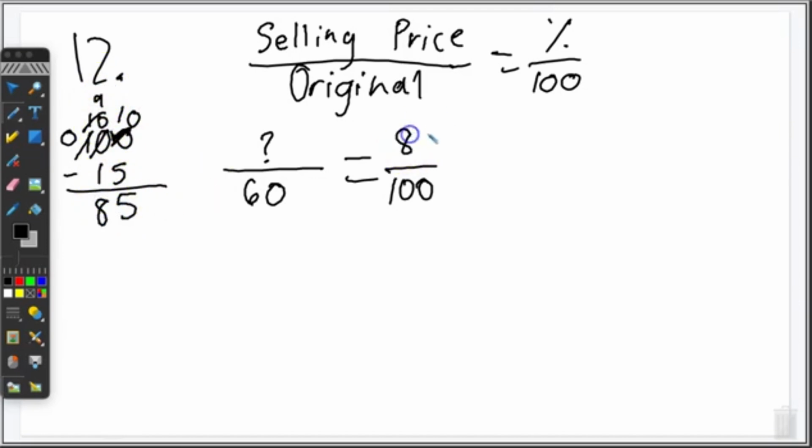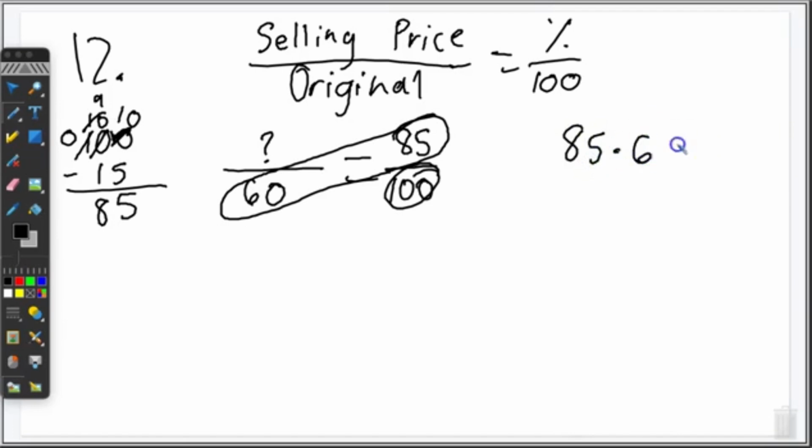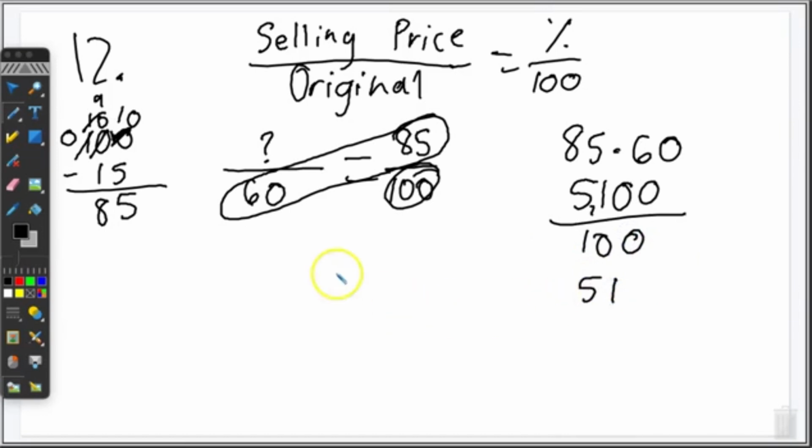So we will be paying 85%. Bat and ball. So 85 times 60 is 5,100. Then we divide that by the ball and we end up with $51.